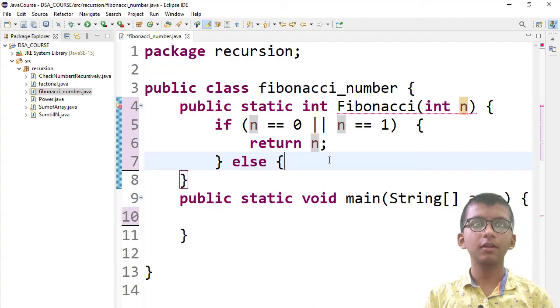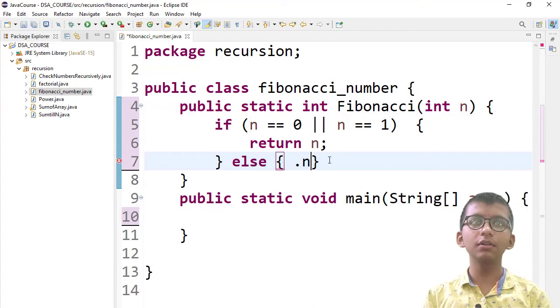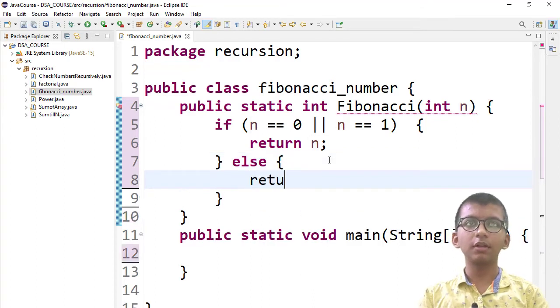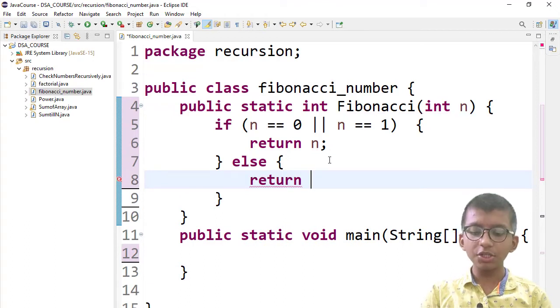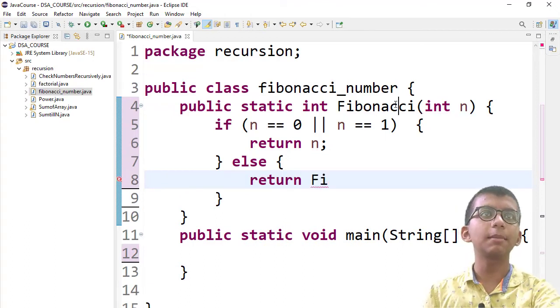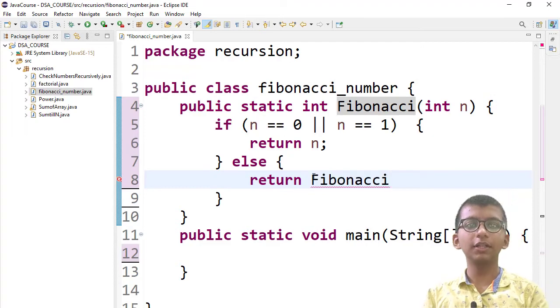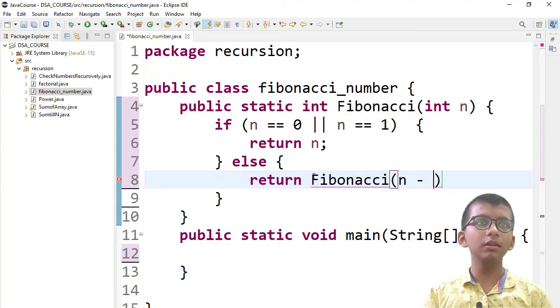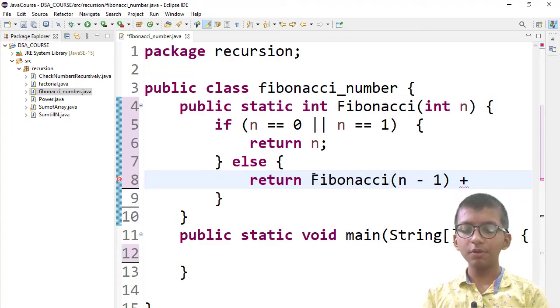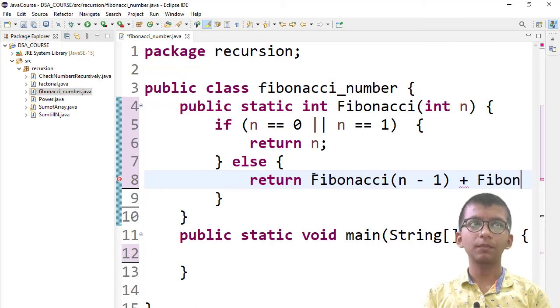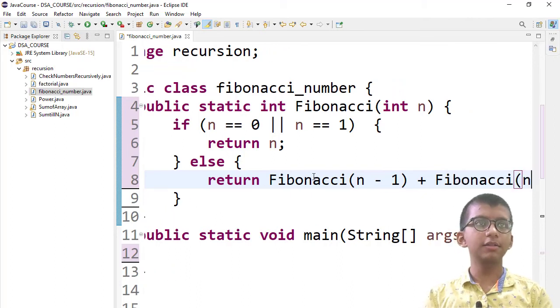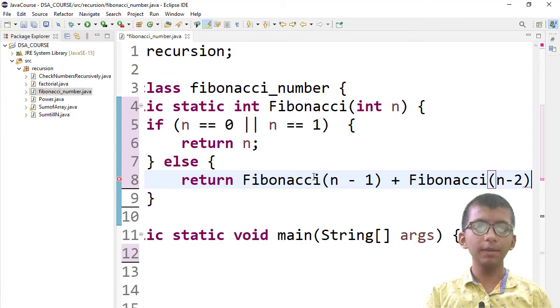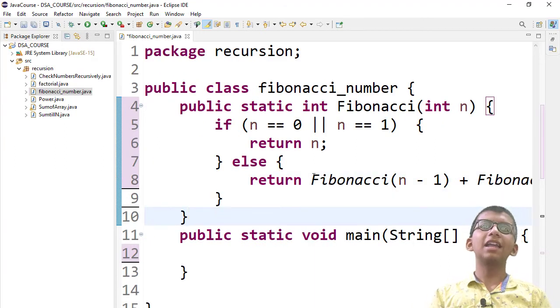Otherwise, it will return Fibonacci of n minus 1 plus Fibonacci of n minus 2. Okay, so this is how it all works, and we are good to go.